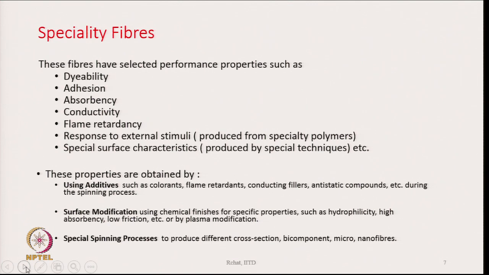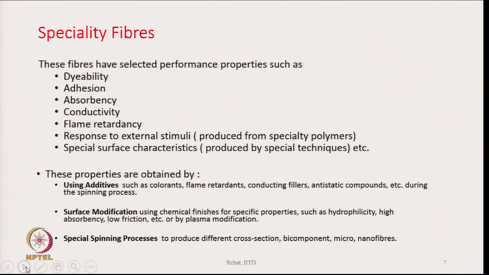The other variety of fibers which we have is called specialty fibers. Now, these fibers have selected performance properties such as dyeability, adhesion, absorbency, conductivity, flame retardancy, and response to external stimuli, or they have special surface characteristics.